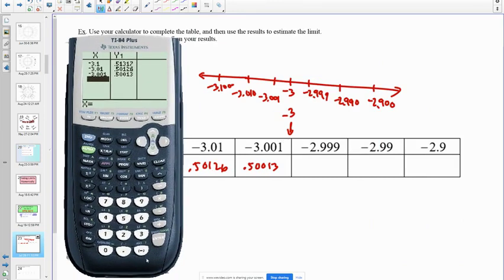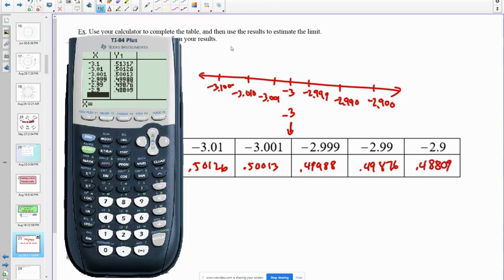If I go to the right of negative 3, I'll put in negative 2.999, and the table will have 0.49988. If I put in negative 2.99, I'll have 0.49876, and negative 2.9 gives me 0.48809.